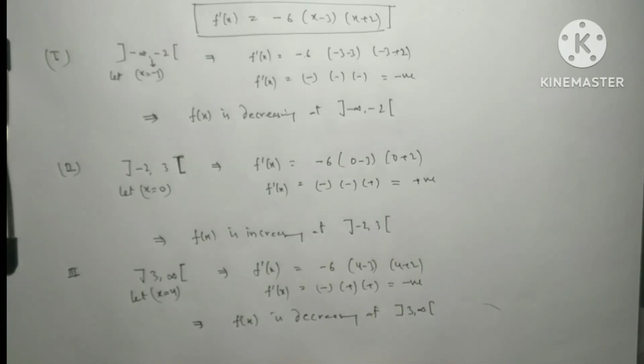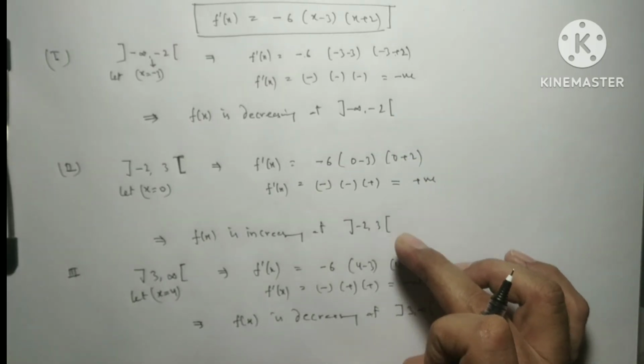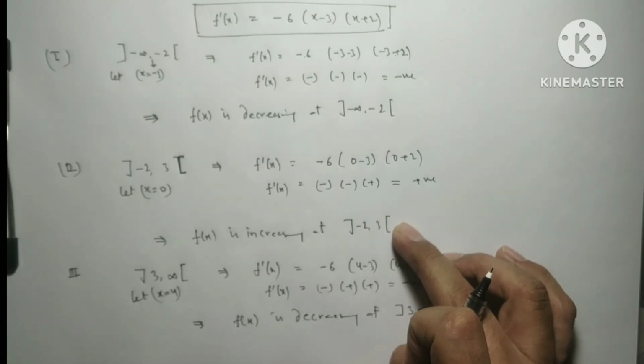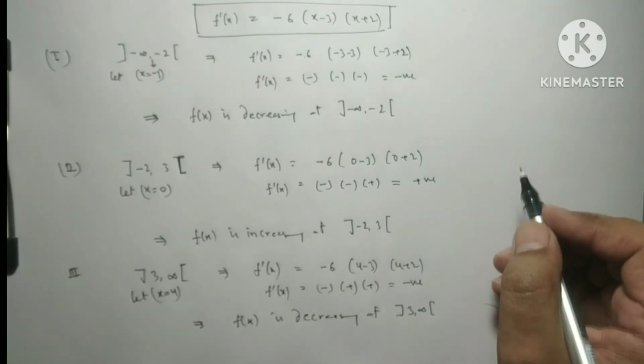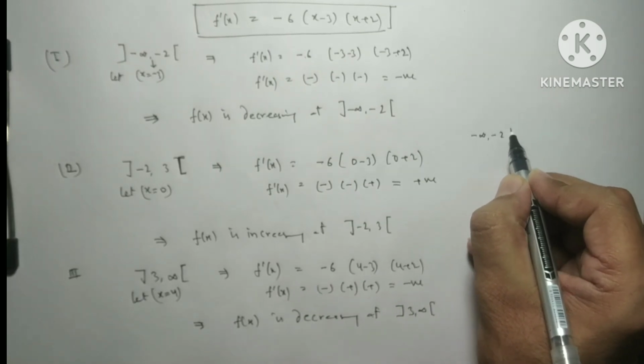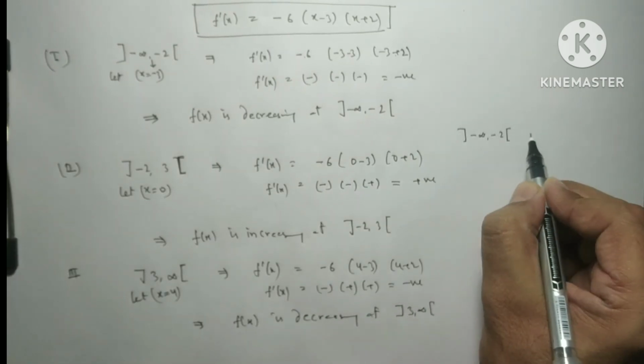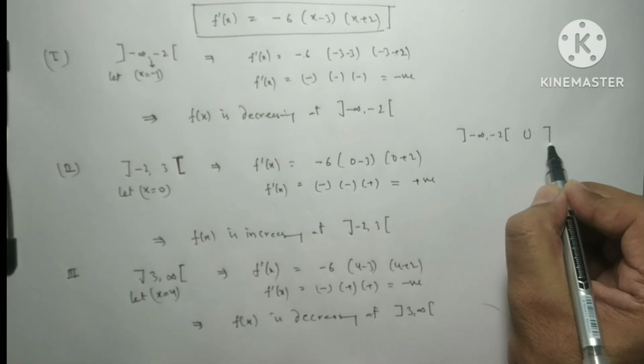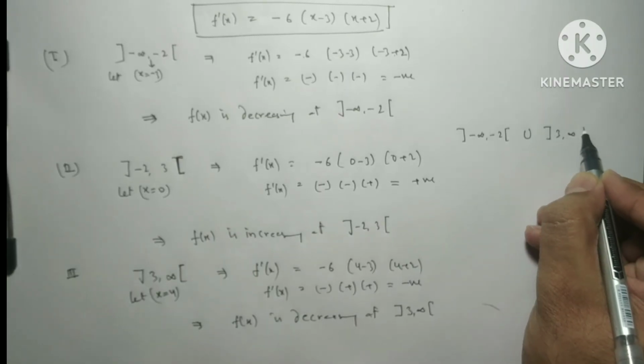So as a result we have two decreasing intervals and one increasing, which means minus infinity to minus 2 union 3 to infinity.